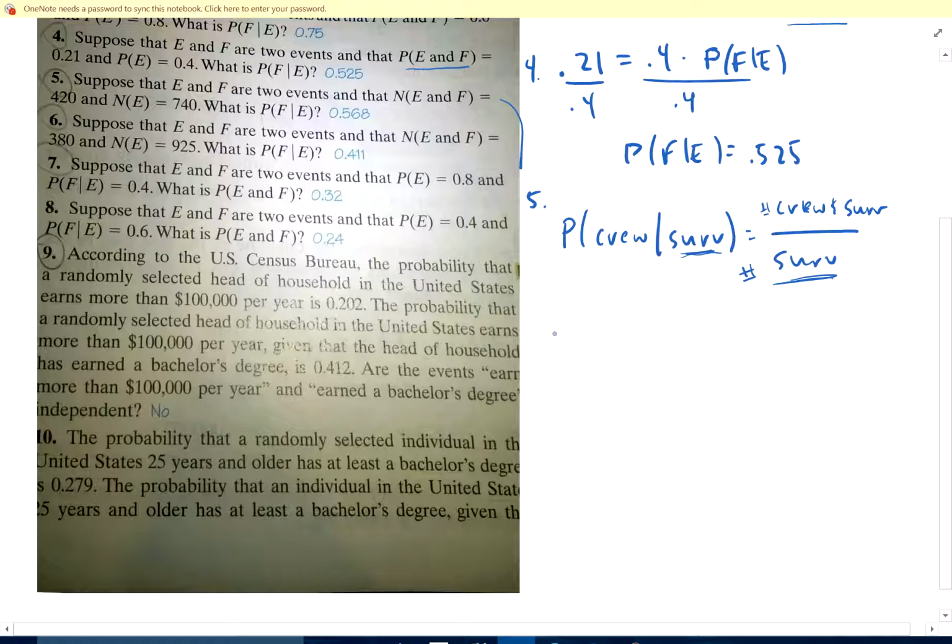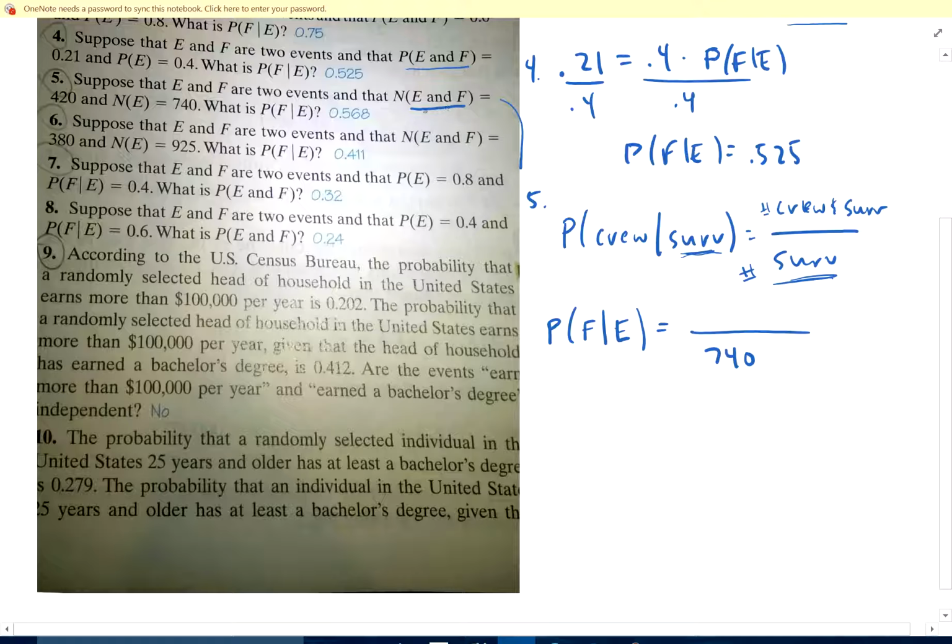So for this, we want the probability of F given E. Given E, how many people were in E? We've got 740. And of those 740, how many of them are E and F?